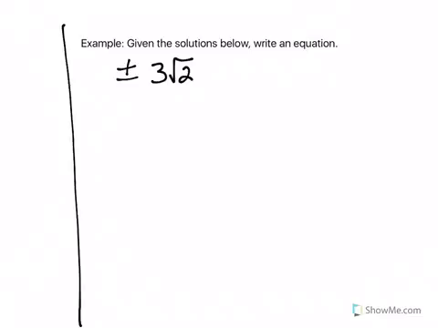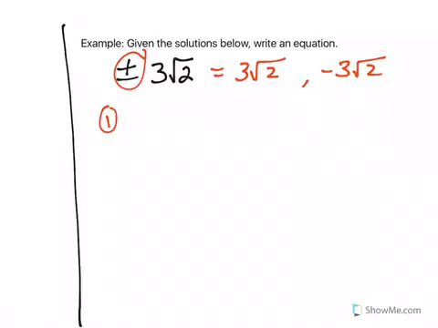Here we are given the solutions plus and minus 3 radical 2. So this means we have 3 radical 2, and we also have negative 3 radical 2. Remember, we can always rewrite this into two different values. So for step 1, plug it into x minus and x minus.